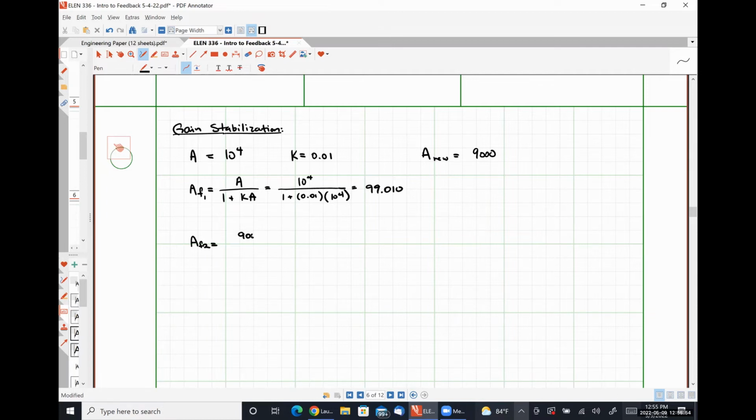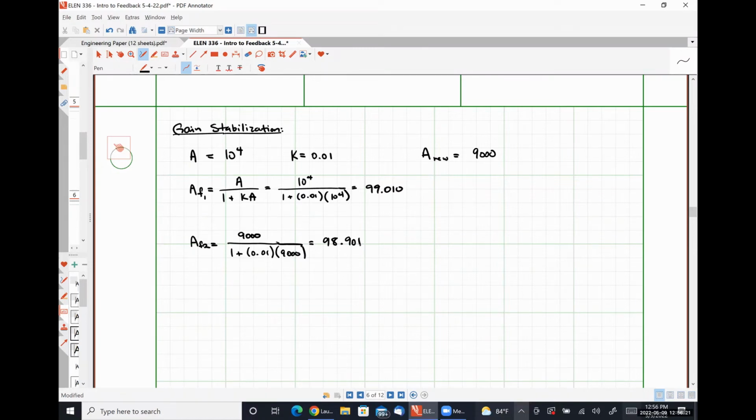We would have 9,000 over 1 plus 0.01 times 9,000, which comes out to be 98.901.